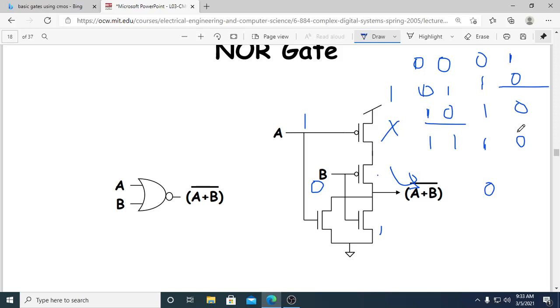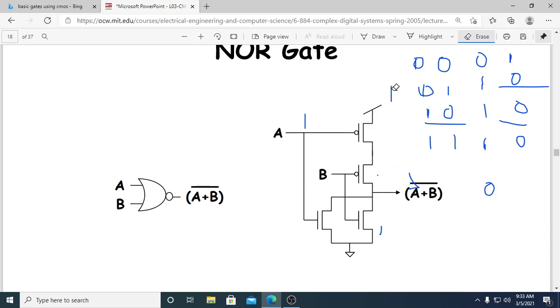In this case, this is my 1 and this is my 0. This gate will be on and my 0 is passed. But this gate is off, so this will not pass. Due to this, my 0 is passed, so output is 0. Fourth case, both are 1.